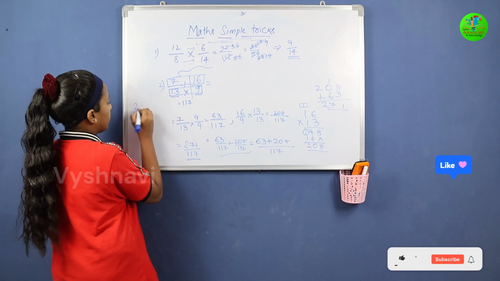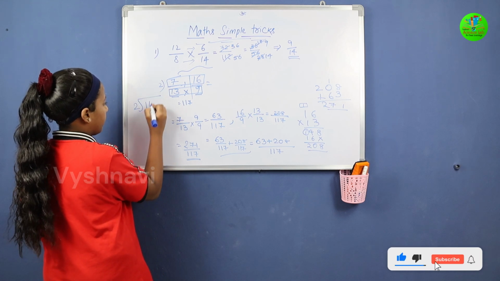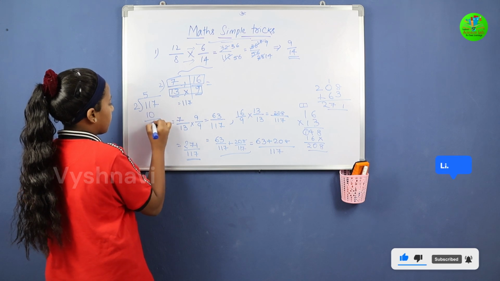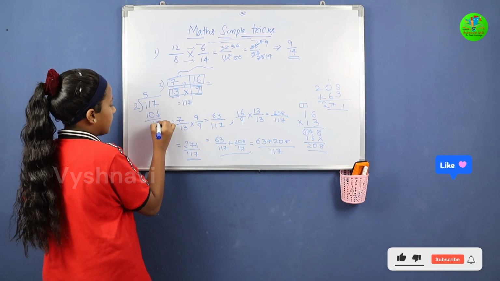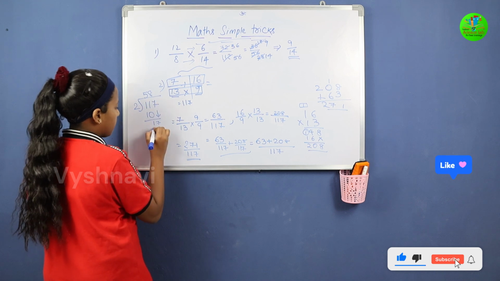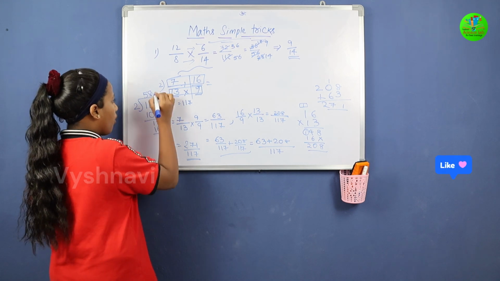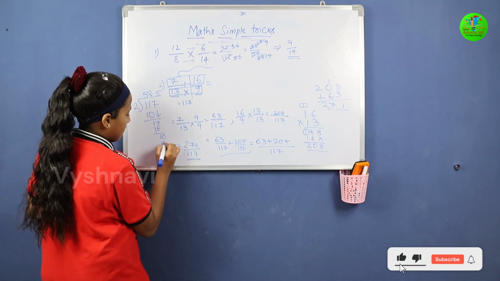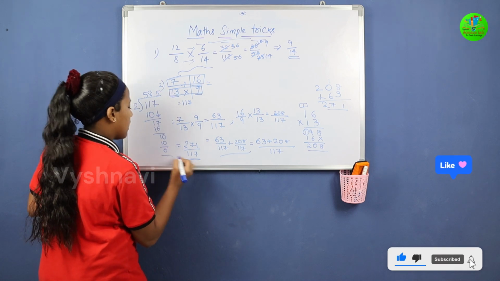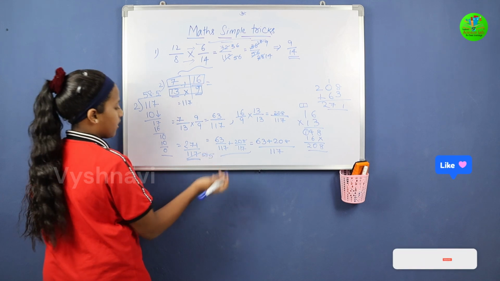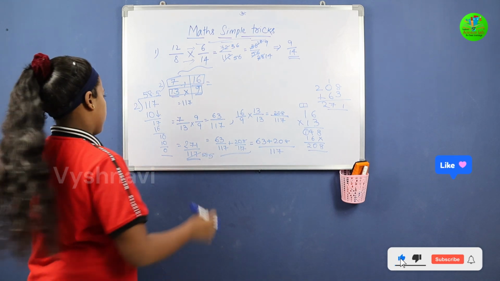By 2 we will check the 117. 2 5s are 10. 1 7 here. And 2 8s are 16. 1. We will keep the point, meaning 0. 2 5s are 10 and 0. It can be cancelled by 58.5. Now the 271 we will do.